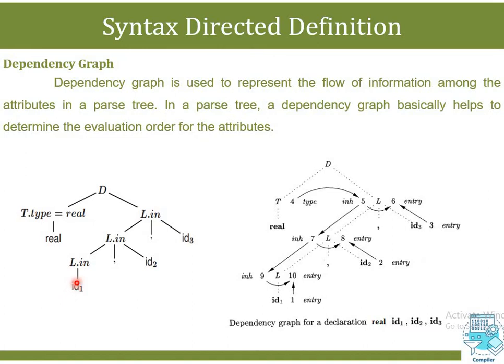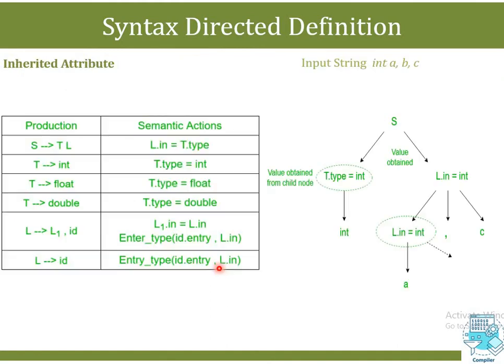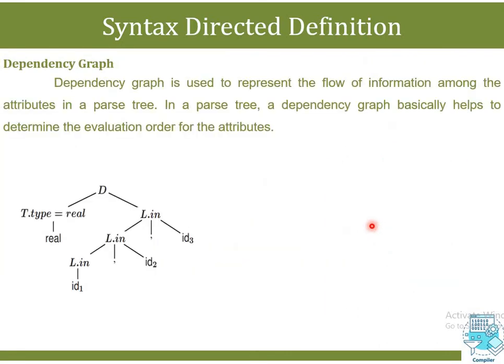Then we cannot evaluate L dot in, because, as we discussed earlier when we covered inherited attributes, L dot in takes the value that its parent has, because the grammar is like that. So we can evaluate ID1, but we cannot proceed with L dot in, because it takes a value from its parent.